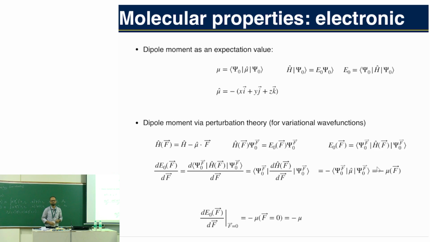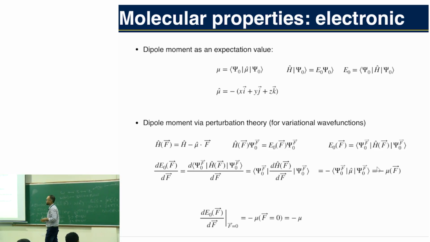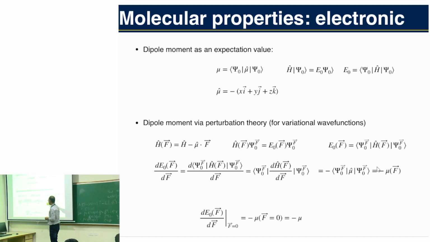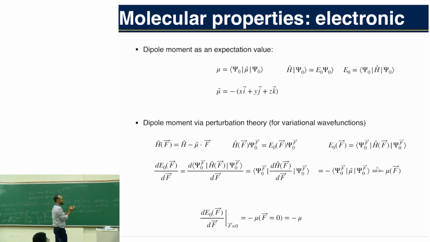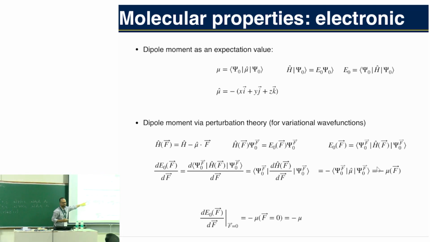So you're getting the dipole moment just by taking the derivative of the energy with respect to the field. As long as I get the ground state energy and know that this energy is field dependent, I can just take the derivative and directly get my dipole moment.